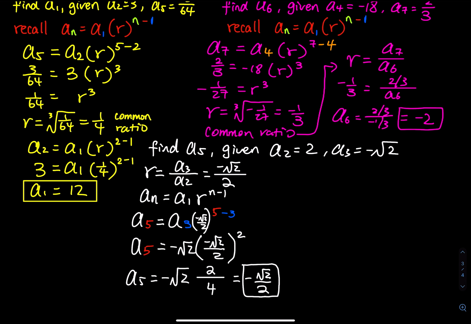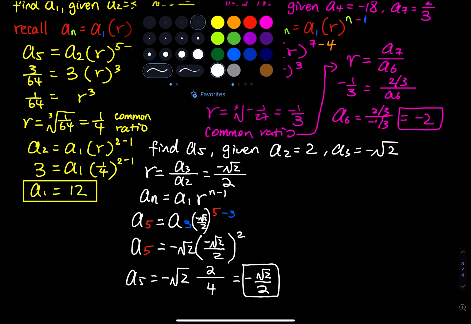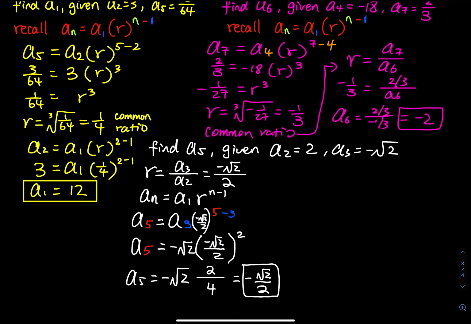There is another way to do it. You will have to find a1 first. Let's use a different color, let's use green. The other way is you have a2 divided by a1 equals r. What do you know?